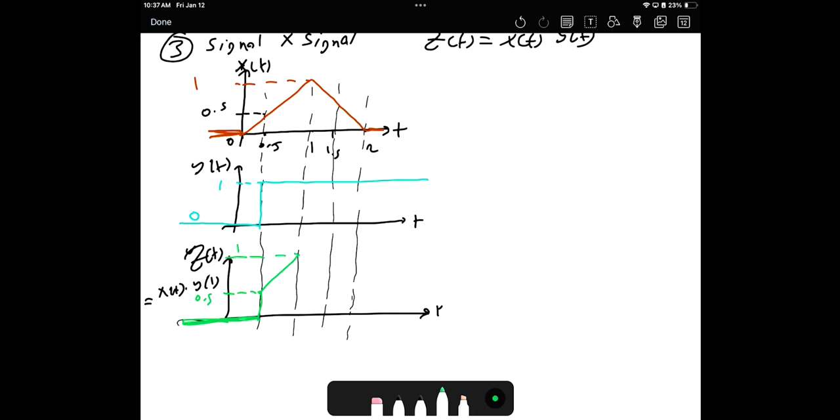Here, 1, then it will go back to 0. So again, when we write them, it is 2, 1.5. Okay? So you see how the waveform looks because we did the multiplication. And of course, if it is a more complicated waveform, it's a very similar way, but the overall concept is that at any change you make a guideline. So when you make guidelines, it will be easier for you to do the graphical work.